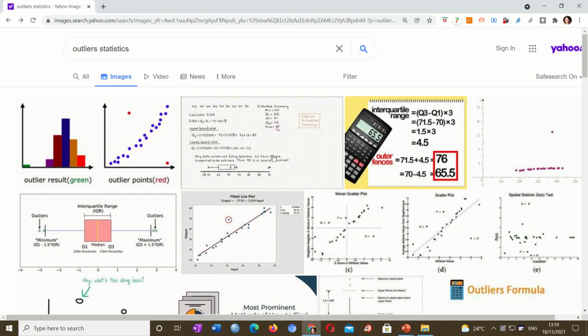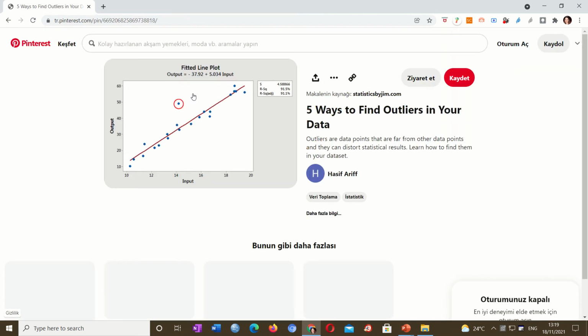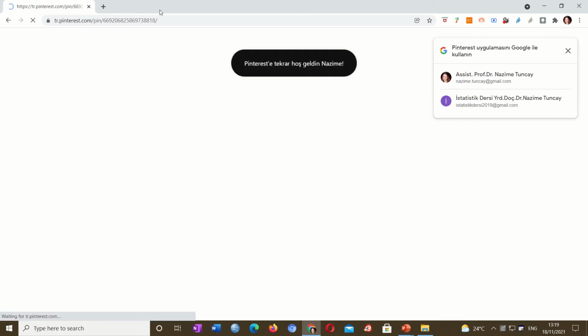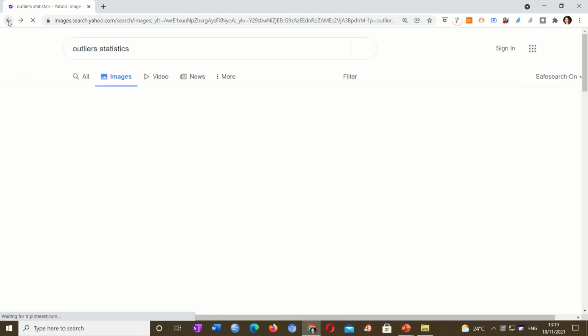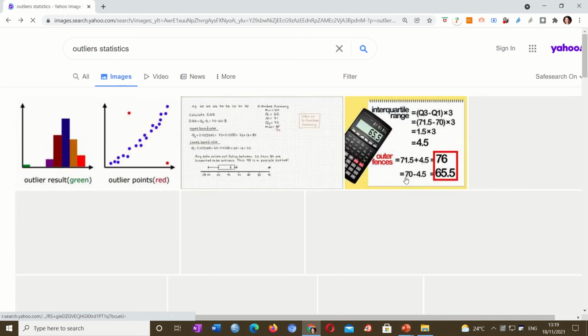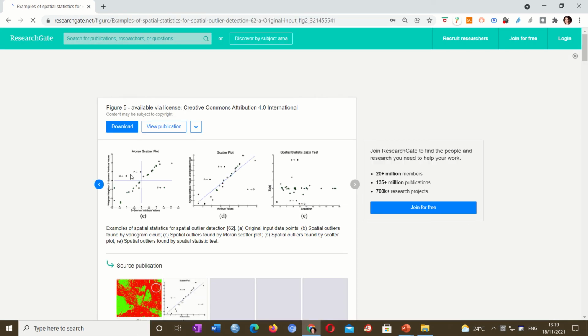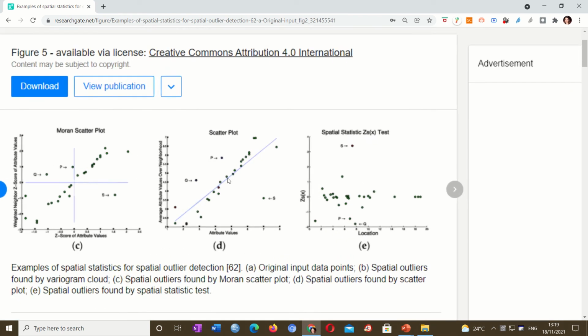Let me show you another graph. Now here, in this graph, these are outliers, as you can see. So out of group, okay, here we have many outliers, okay? So let me make this bigger here.